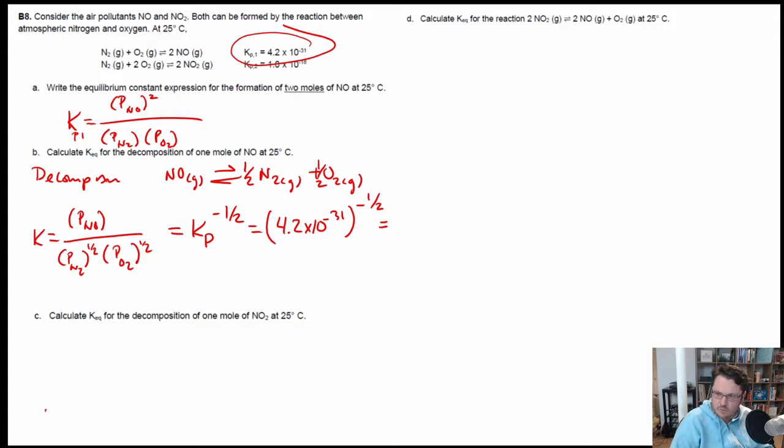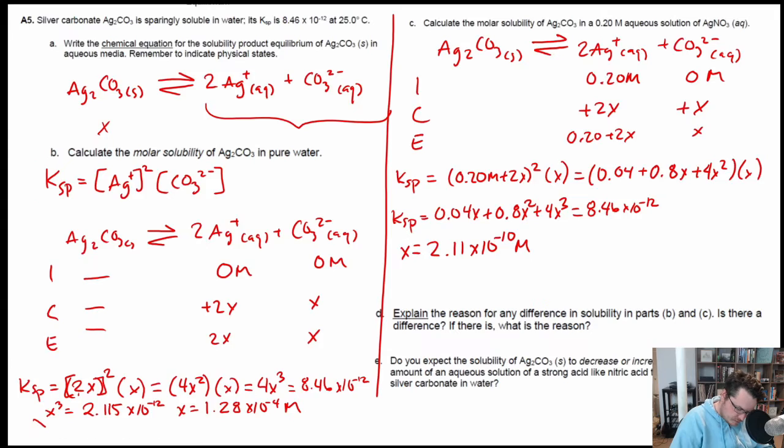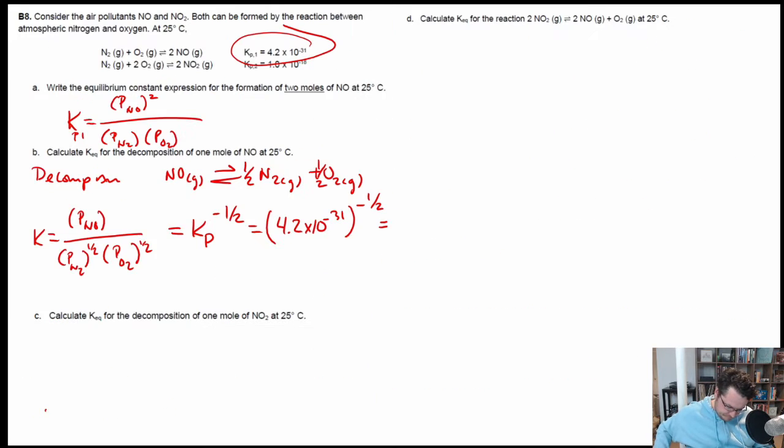What we get is 1.54 times 10 to the 15, which matches what I have on the key.